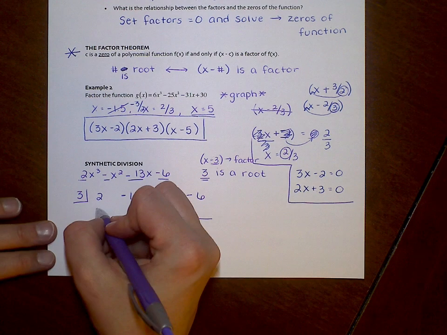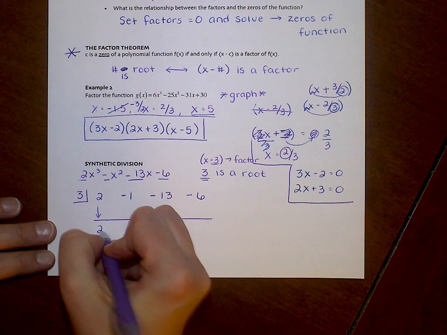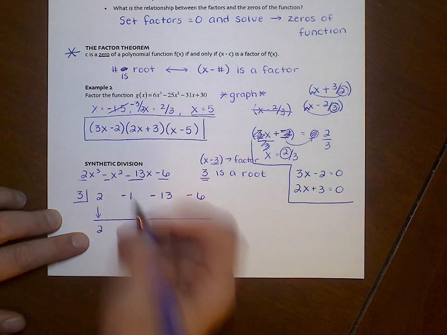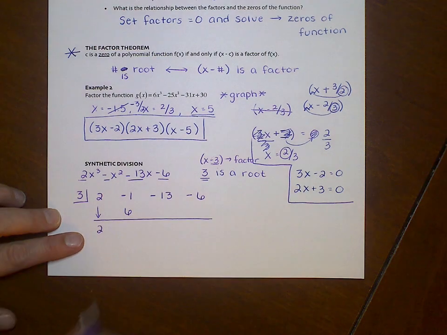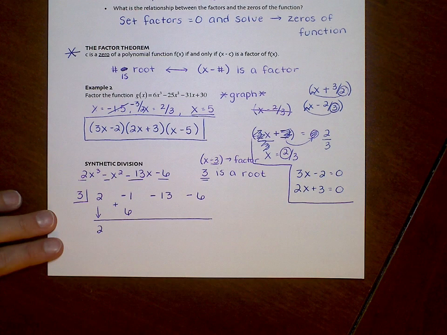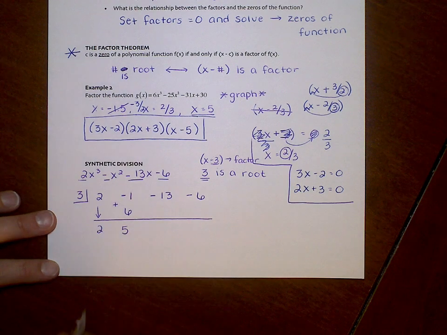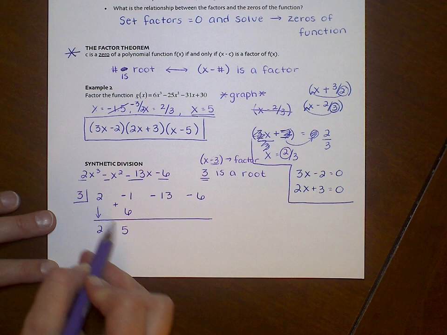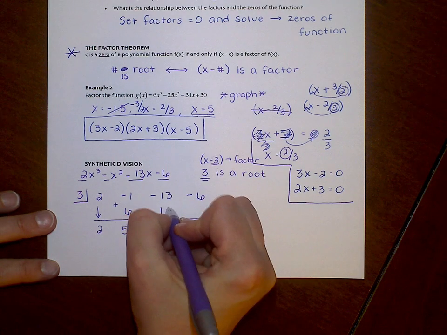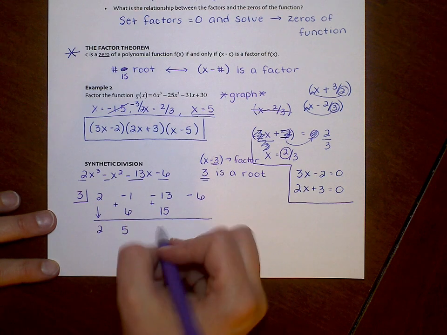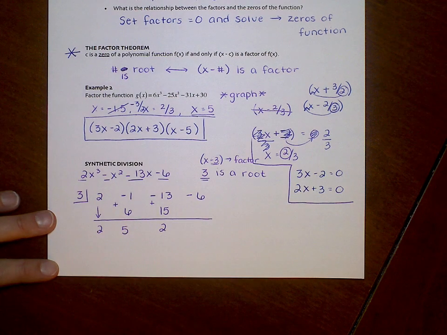This first number drops down as a 2. And then what I'm doing is I'm taking this 3 and multiplying it by the 2, and I'm getting a 6. And then I'm adding these together. So -1 plus 6 is 5, and now I'm repeating the process. I'm going 3 times 5 is 15, and then I'm adding these together. So -13 plus 15 is +2.